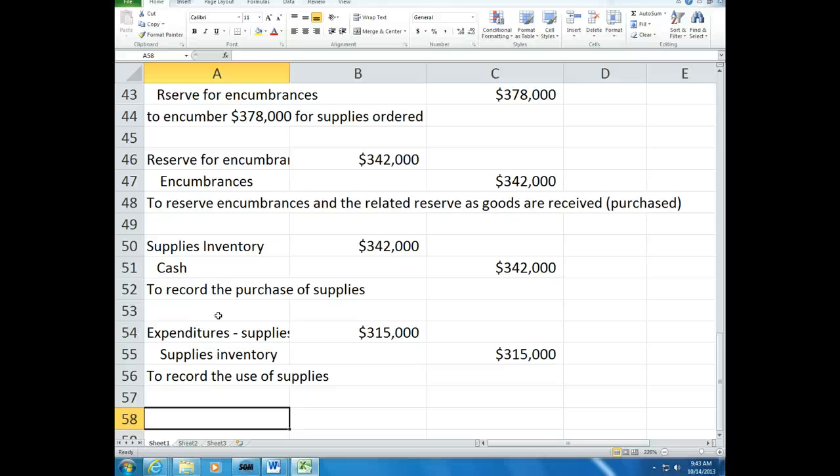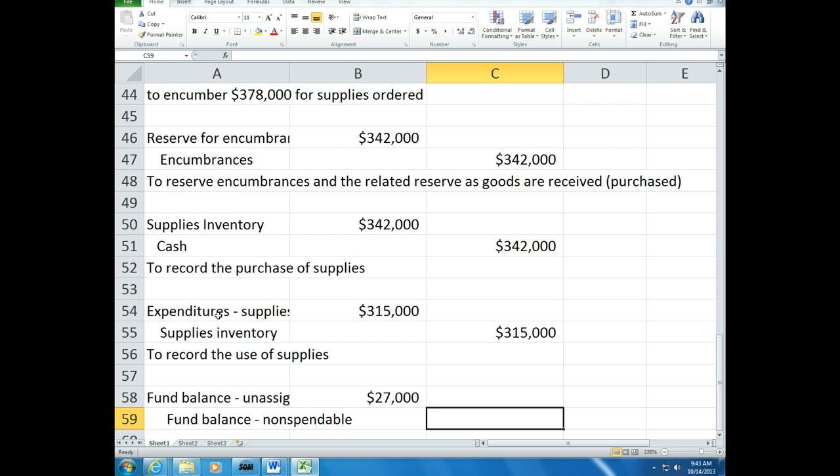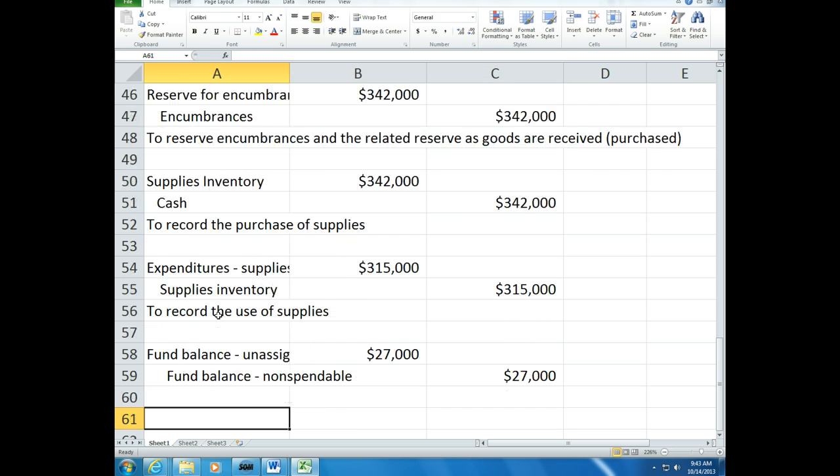Now, so in this case, we could have fund balance unassigned of how much? 27,000? Yeah. Hey, I don't mean to be stupid, but where did you pull 27 from? The difference between the 342 and the 315. Thank you. And then here we've got the fund balance nonspendable of 27,000.